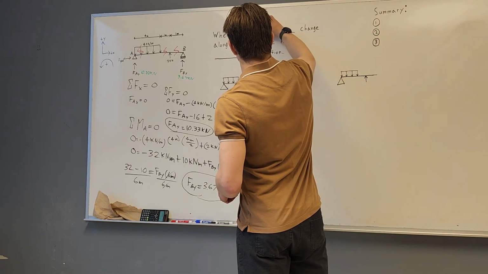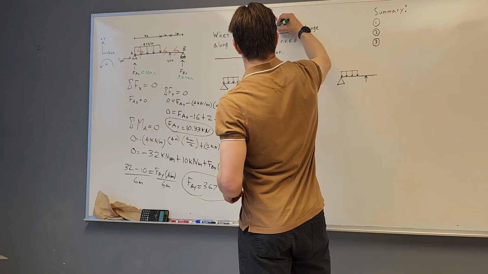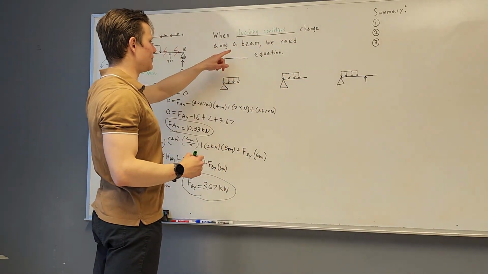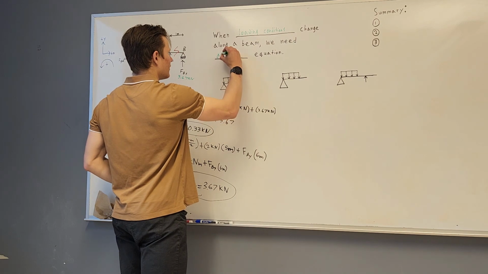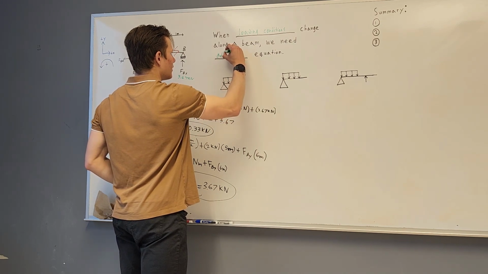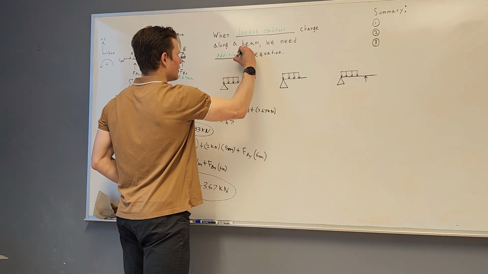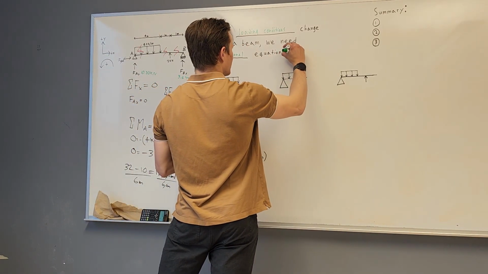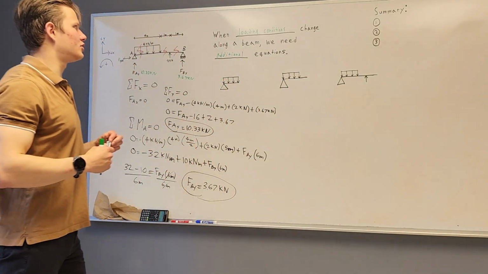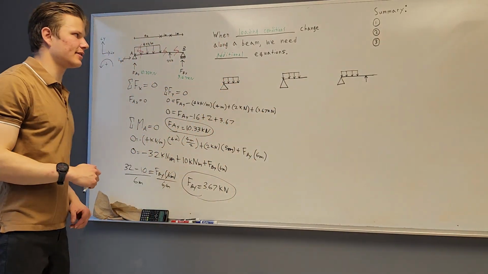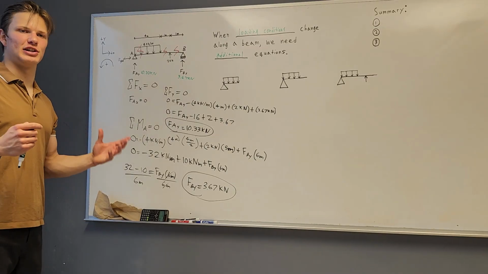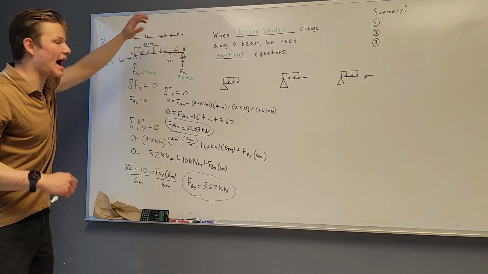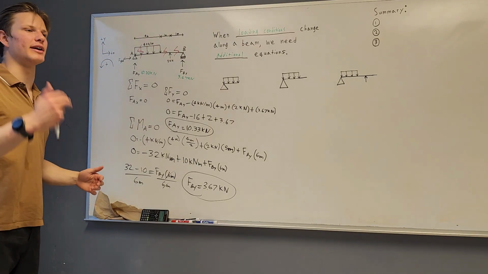When loading conditions change along a beam, we need additional equations, because the internal shear and bending moment equations depend on the loads that are being applied. So when the pattern breaks, our equation breaks and we need a new one.